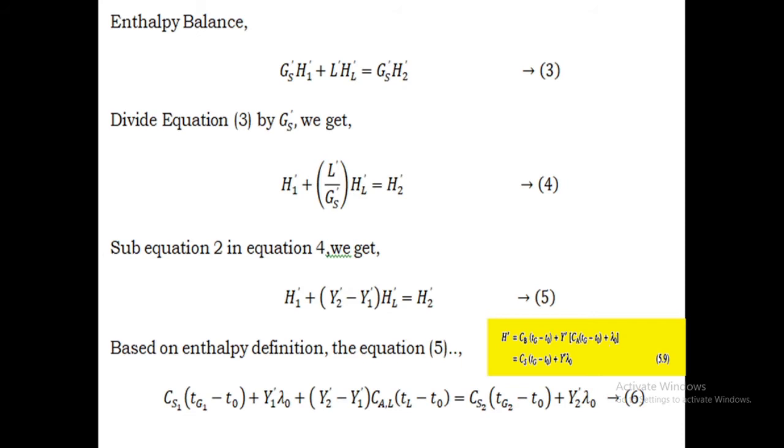Based on the enthalpy definition, equation 5 has the enthalpy property. What is enthalpy? Enthalpy is a property of a thermodynamic system that is a convenient state function preferred in many measurements in chemical, biological and physical systems at a constant pressure. It is defined as the sum of the system's internal energy and the product of its pressure and volume.